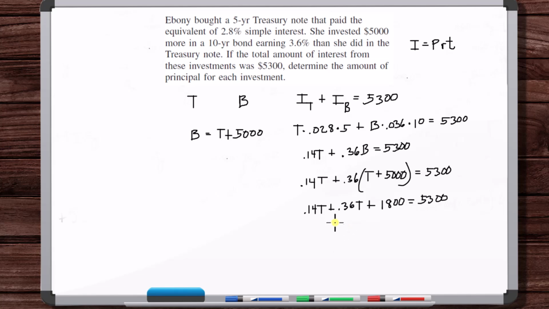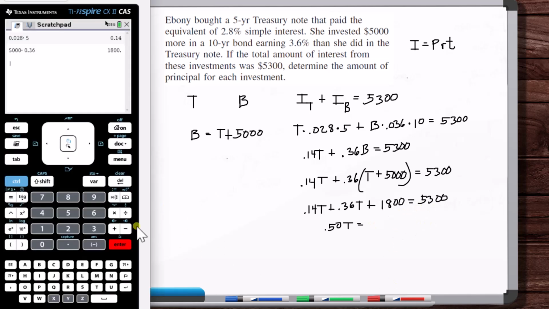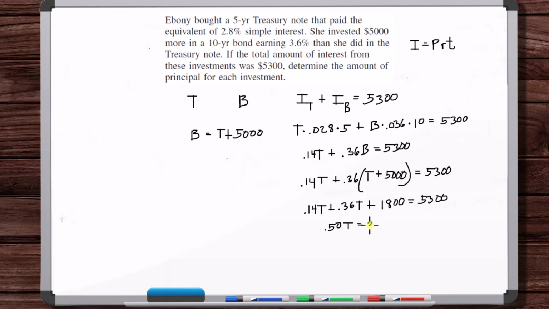0.14 plus 0.36, we can combine these two like terms. 0.50t is equal to 5,300 minus 1,800, which is $3,500. Now we can divide both sides by 0.5.